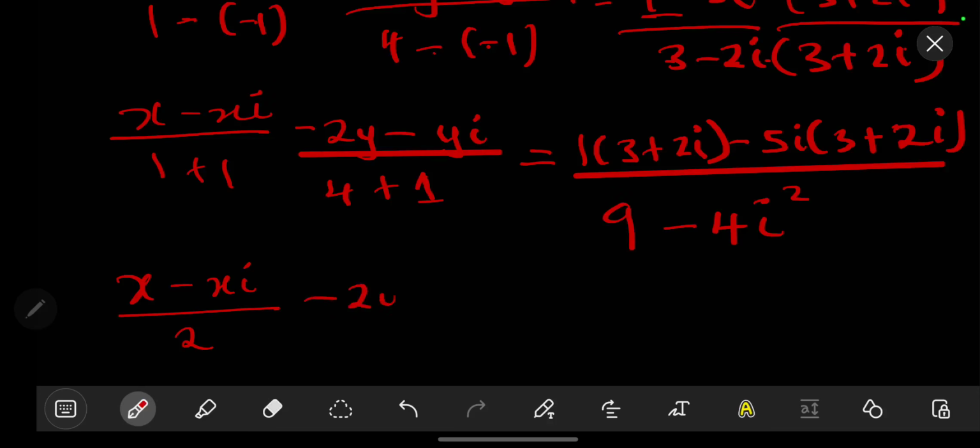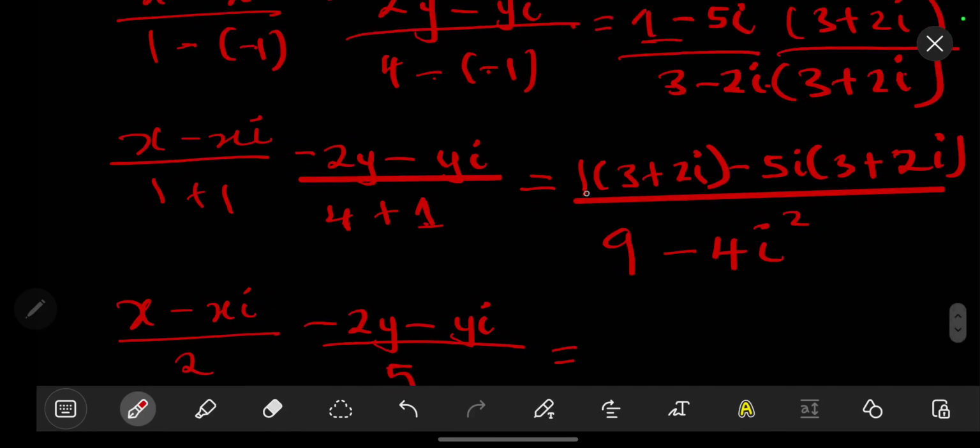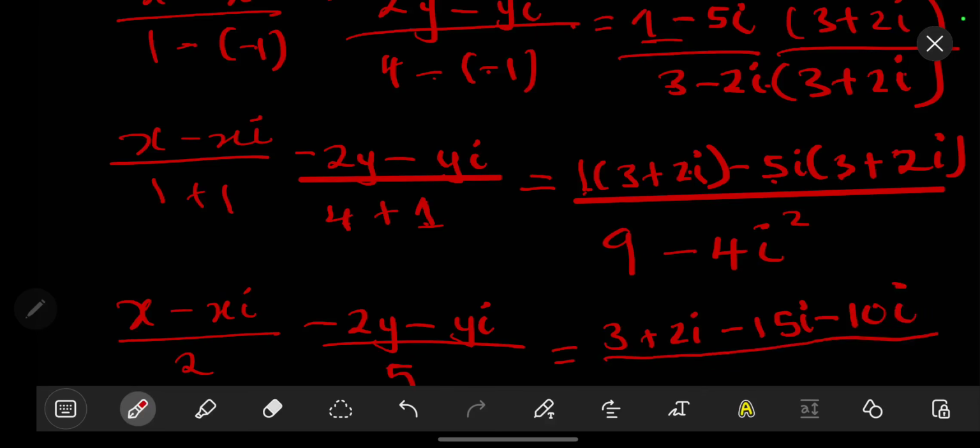Then we have minus our 2y minus yi over 4 plus 1, that gives us a 5, should be equal to 1 times 3 is 3, 1 times 2 is 2i. Then we have minus 5 times 3 will give us a 15i. Then 5 times 2 will give us a negative 10i like that. Then we have over 10i. So 5 by 2i, it will be 2i squared like that.